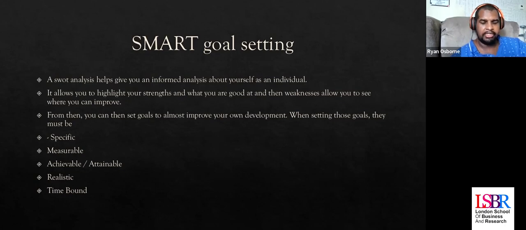Be very realistic. Look at your options. Look at your resources as well. You want to look at the time you have available. Only when you can do that will you be able to see whether it's achievable or not, or whether you can attain it yourself.